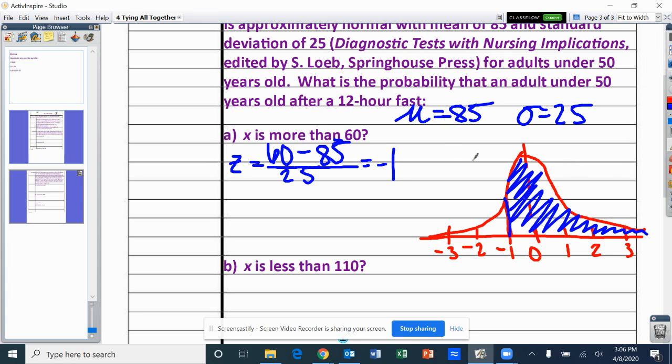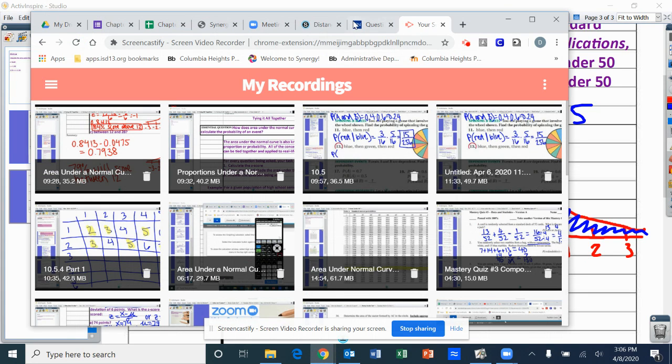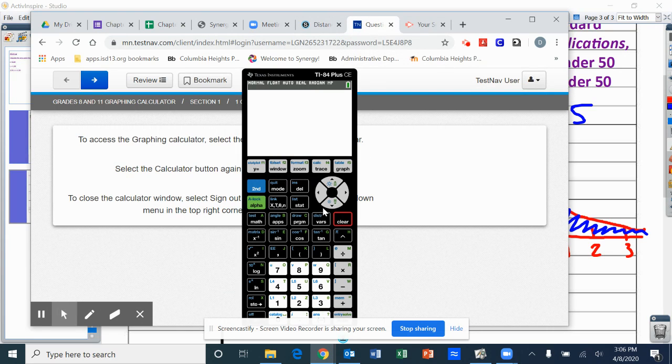So then using your calculator, again, this is a standardized value now. When you punch all this in, you are going to go second, VARS, and then normal CDF.